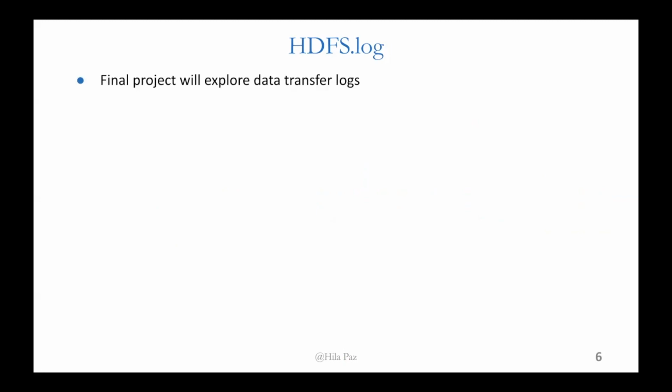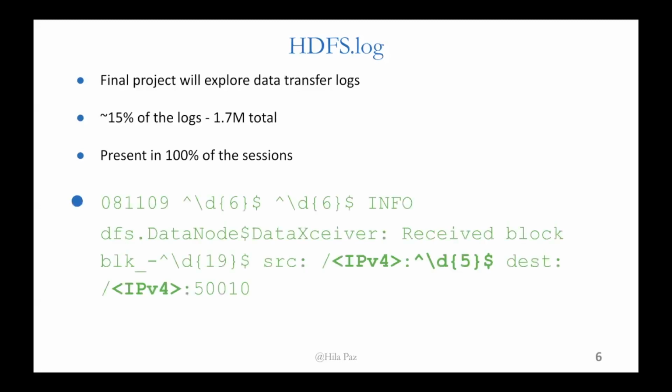These logs are nearly 15% of the entire records, or in other words, 1.7 million records to work with. They are present in 100% of the sessions, and most importantly, they're very simple to model. Given the static text of session ID, indication that there is a data receiver and then a mention of the source IP and the port plus the destination IP and port.